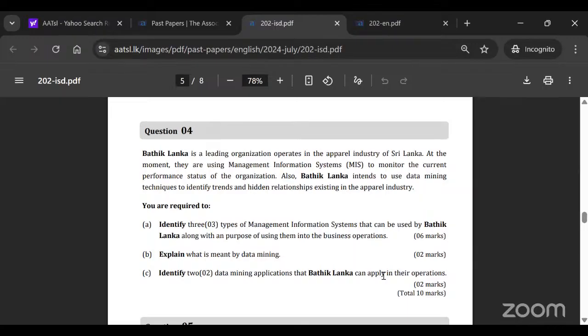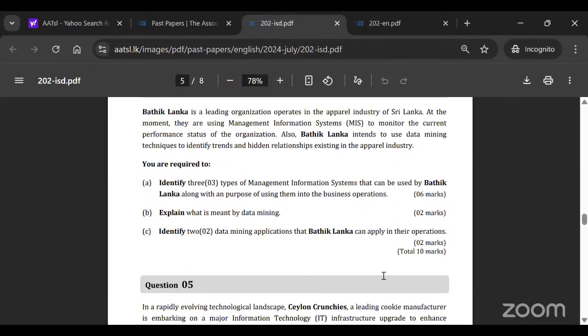At the moment, they are using a management information system to monitor the current performance status of the organization. Also, Batik Lanka intends to use data mining techniques to identify trends and hidden relationships that exist in the apparel industry.